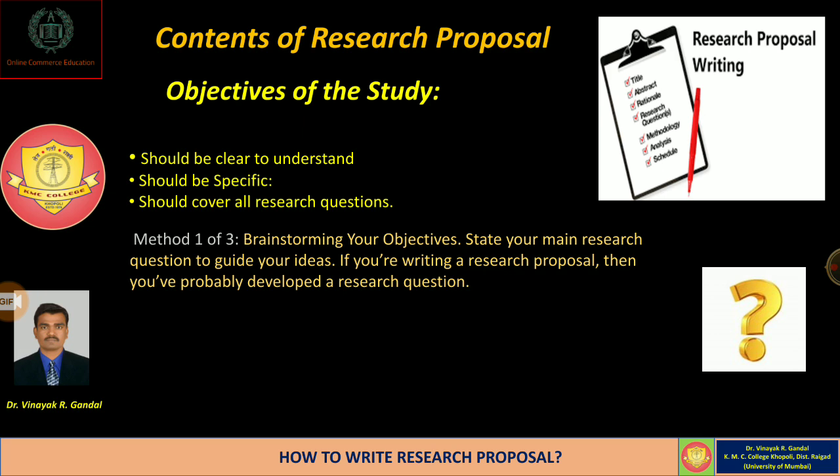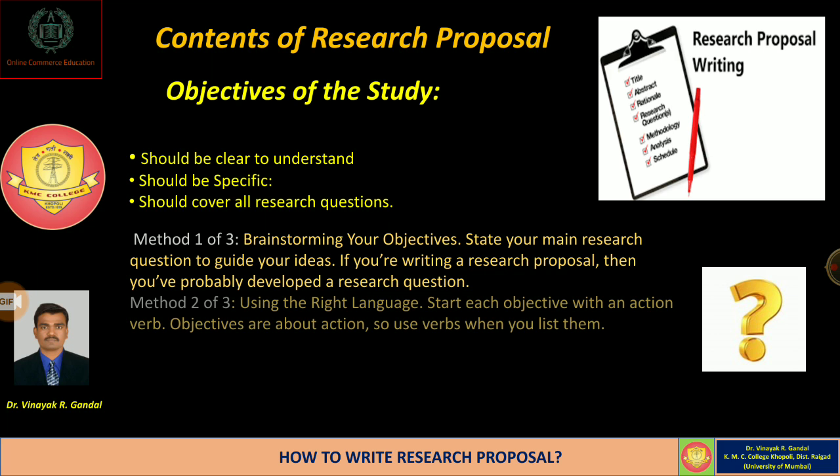If you are writing a research proposal, then you have probably developed a research question. So whatever questions arise in front of you as a researcher or learner, just think about the questions.